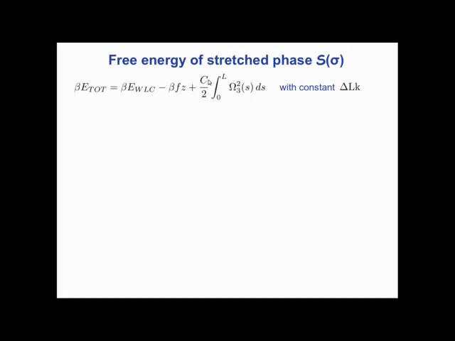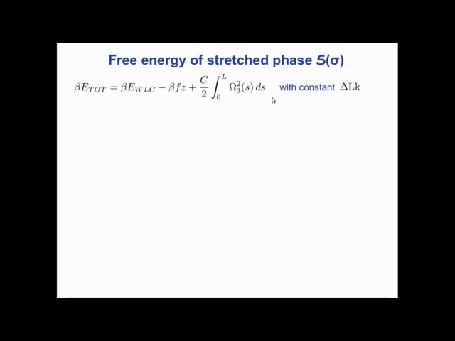So C is the twist modulus that we have seen in previous lectures, and omega 3 squared is the twist density. And we have to impose that there is a constant linking number here, and this is the difficult part.